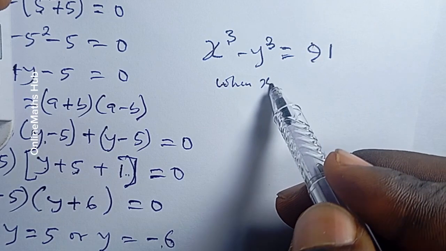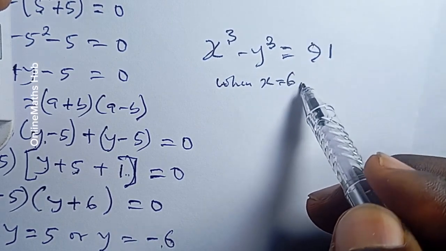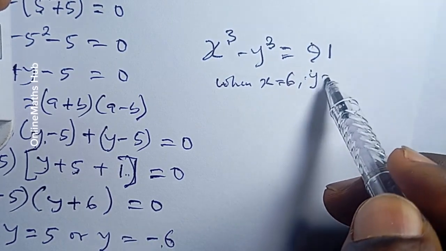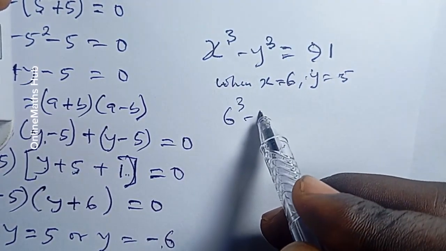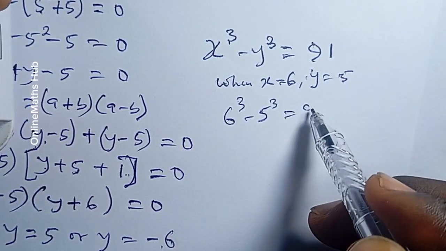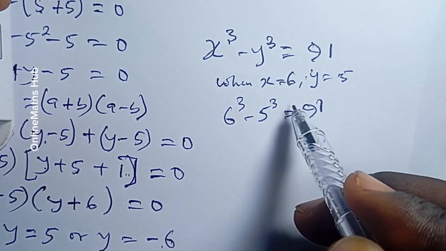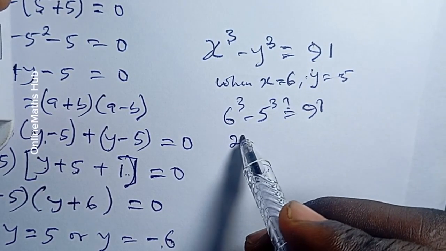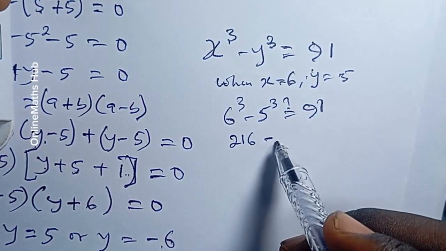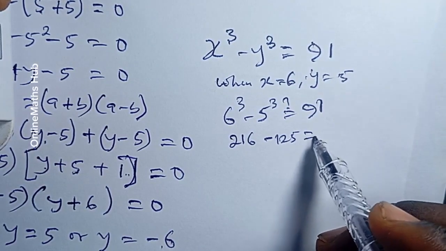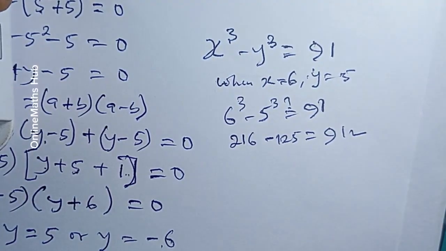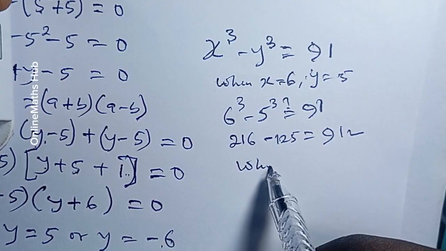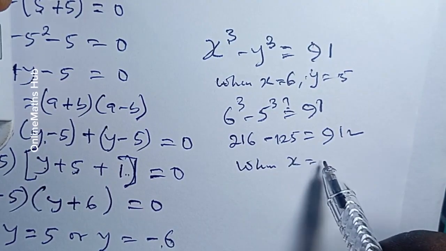When x is equal to 6 and y is equal to 5, we now have 6 cubed minus 5 cubed. Would that be equal to 91? 6 cubed is actually 216, and 5 cubed is 125, and obviously if you subtract, this is equal to 91. So the first one works.